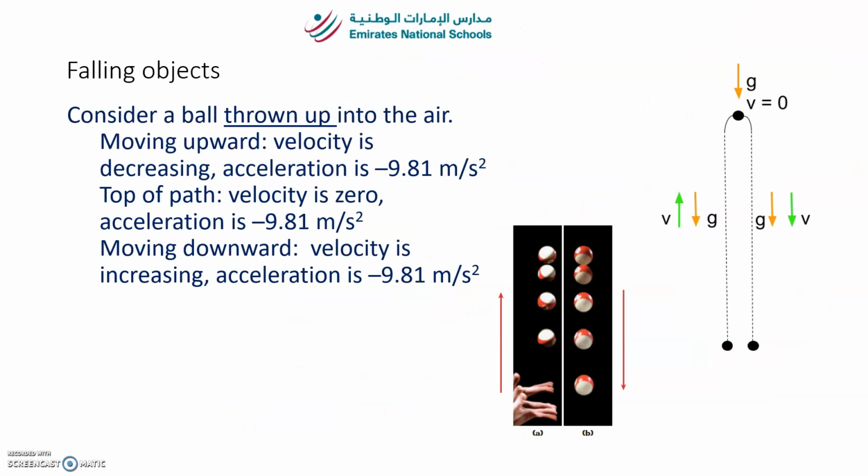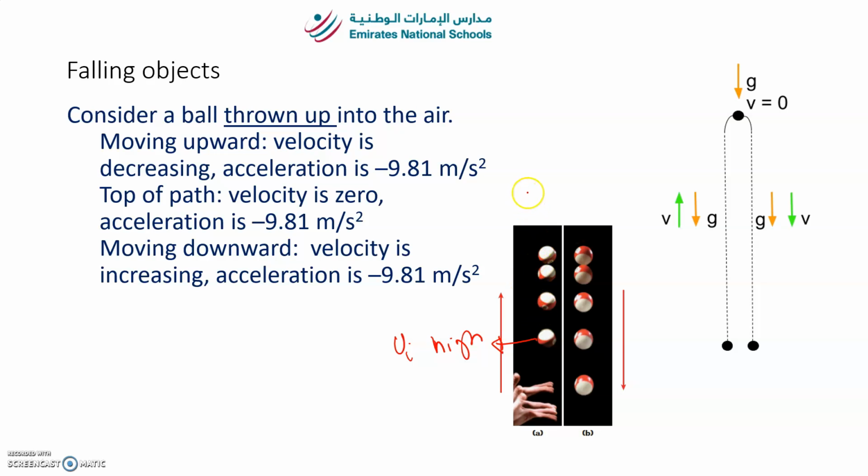The other concept we've studied: falling object. Now I have two scenarios. All the objects, whether you throw them up, like this one, if you have a ball and you throw it up, eventually it will slow down. You see, I throw it up with high speed, so V initial is high. And then what will happen to the speed?